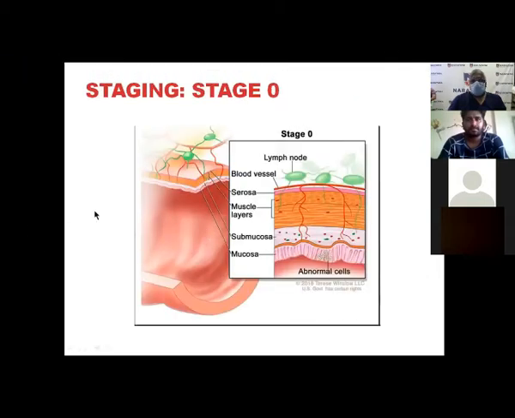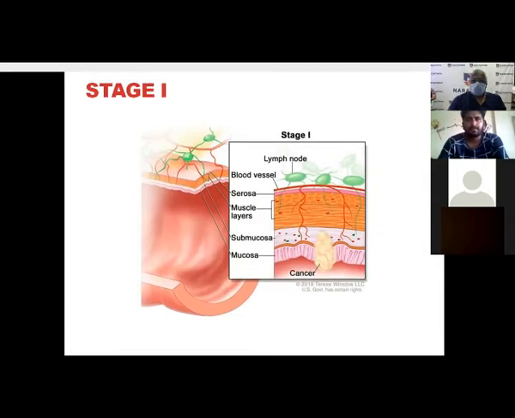Stage 0, you can go through the pictures nicely. You can see the tumor is involving only the mucosa, low lymph nodal involvement. It is stage 0. Please go through this carefully, it is useful. You can remember it. Then now it is going into submucosa, stage 1, but no muscularis propria is involved, no lymph node.